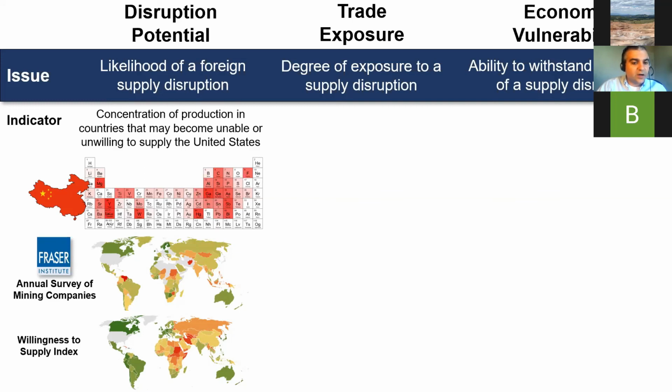If there are shared values, so if it's a country that has similar values as the United States, we use the Freedom House indicators for that. So looking at democratic countries, open press, freedom of the press, freedom of religion, et cetera, to say these are countries that share the same values, so they're less likely to intentionally cut off the United States because of that bond.